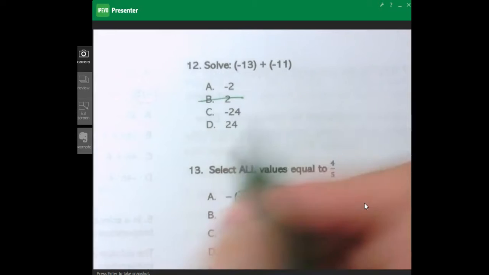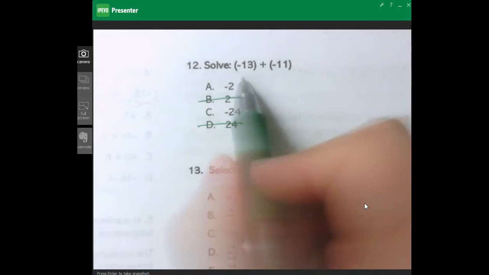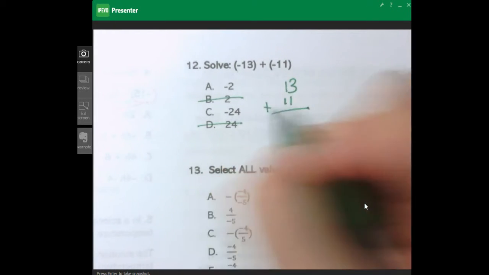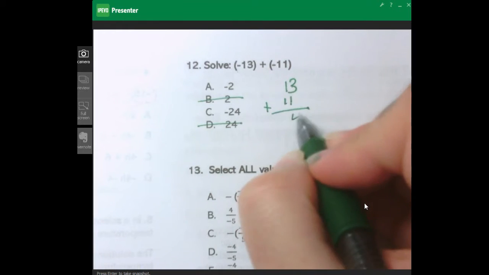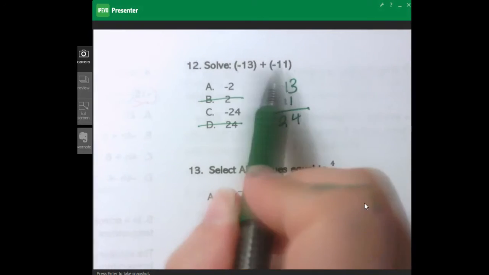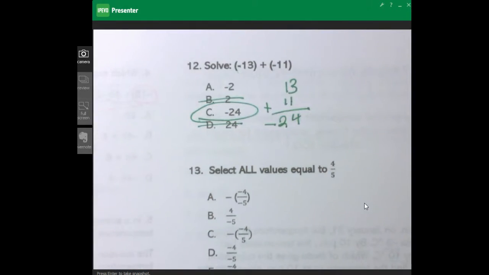So I'm just going to go ahead and rule out B and rule out D because those are positive. So 13 and 11, if I add those together, 1 and 3 is 4, 1 and 1 is 2. Again, two negatives, we have a negative. We get -24.